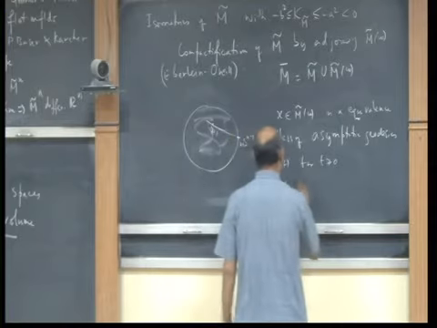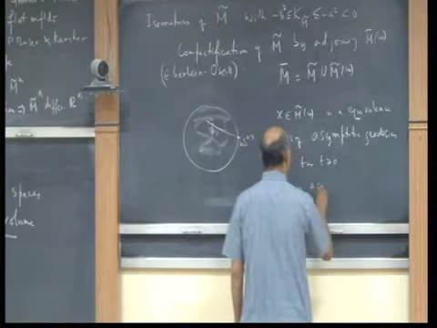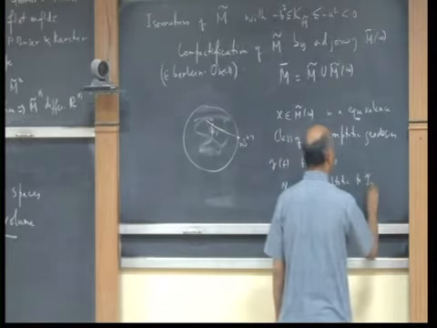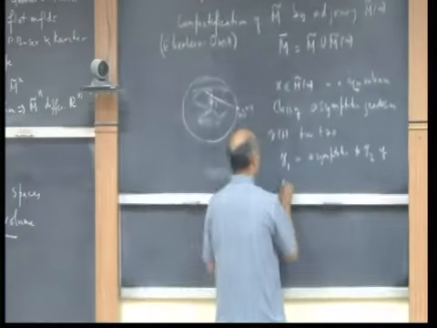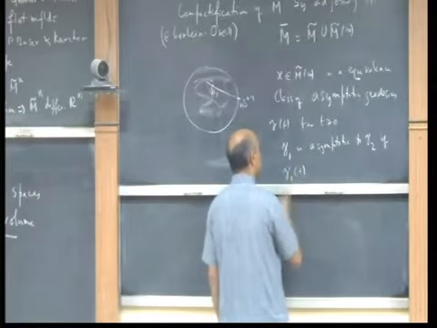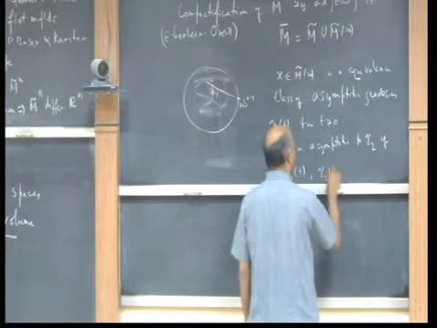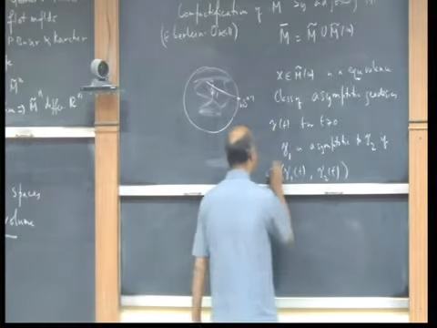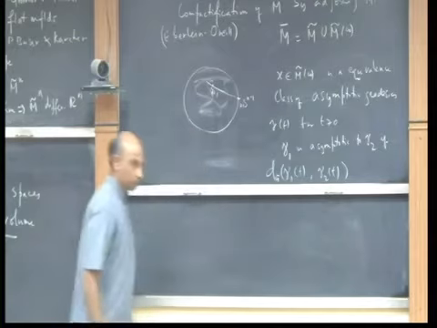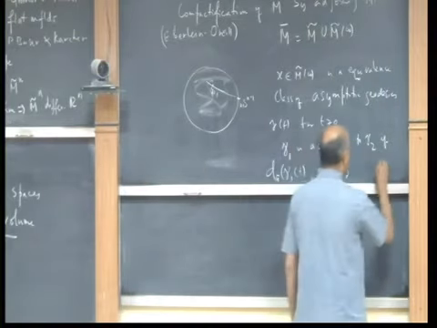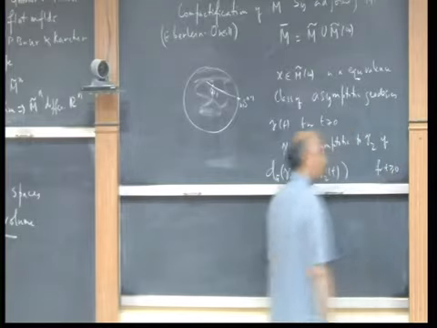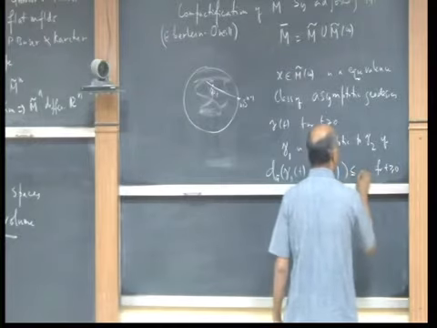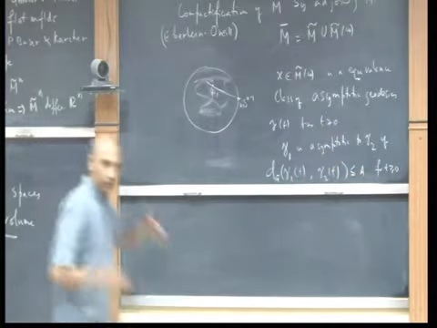Gamma 1 is asymptotic to gamma 2 if I look at gamma 1(t), I look at gamma 2(t), and I look at the Riemannian distance in M tilde between the two points, for t bigger than or equal to 0. If this distance is bounded by some constant, then I say that they are asymptotic.